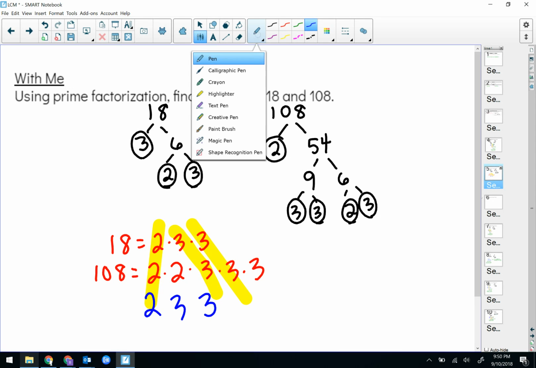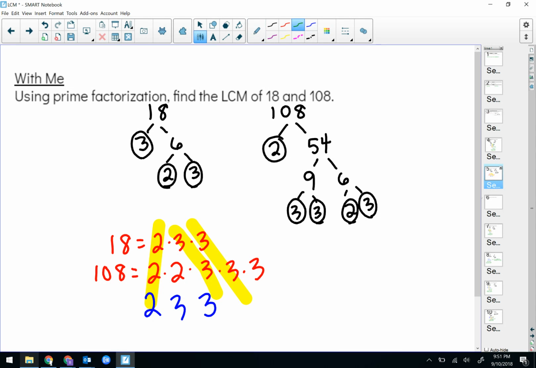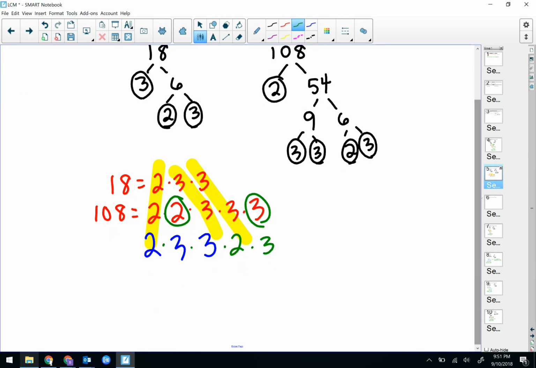Now, remember, everybody's invited to the party for LCM. So whatever we didn't highlight, now we're going to add to that multiplication problem. So I have a 2 here. And I have a 3 here. So now we have one giant math problem: 2 times 3 times 2 times 3. So use your carrots again.